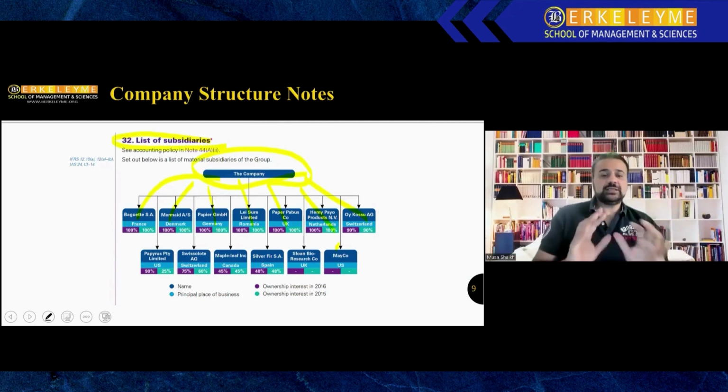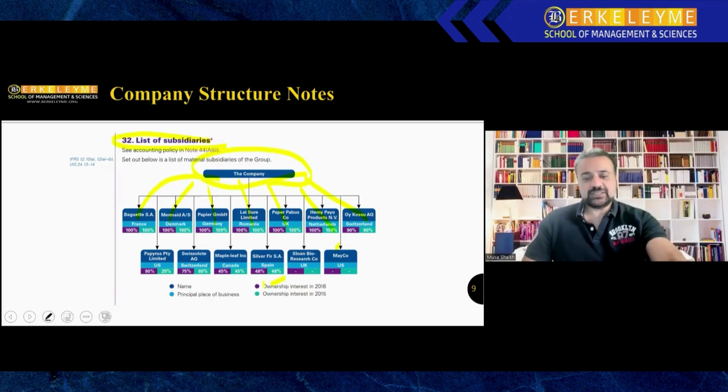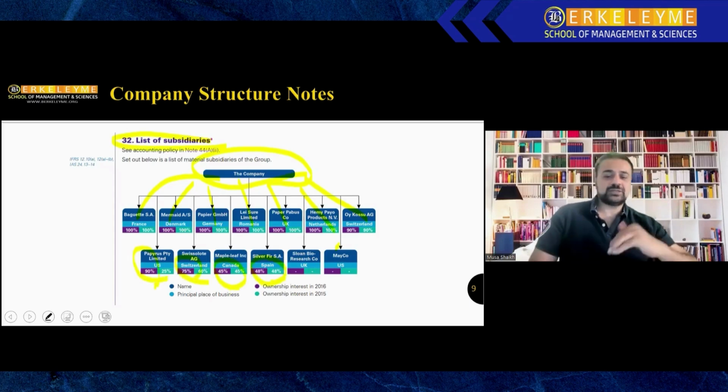But how do they decide whether it's a branch or a significant control or not? So these are the percentages given here, 20% non-interest or interest. This is the practical way we chalk out all the list in a format to see that, so we can classify as an associate or subsidiary, or we can decide which one we will consolidate and which one we will not consolidate.